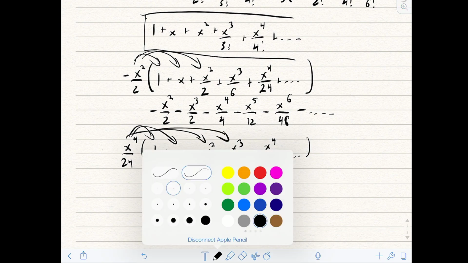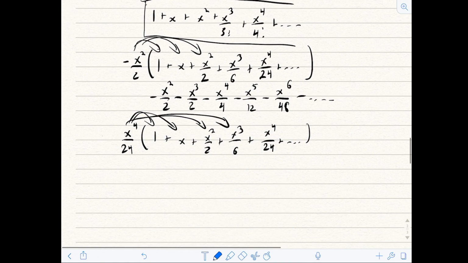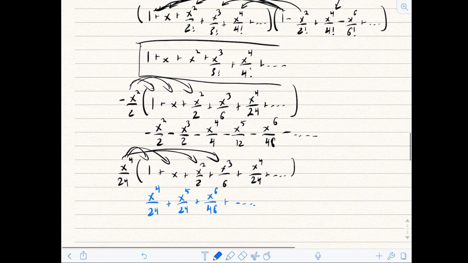I probably don't even need to go that high because it looks like that x to the fourth is going to be my last degree anyway. So x to the fourth over 24 plus x to the fifth over 24 plus x to the sixth over 48 plus ... I'm not going to continue with that.